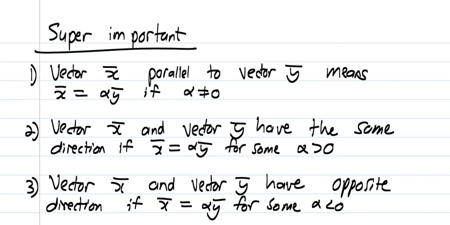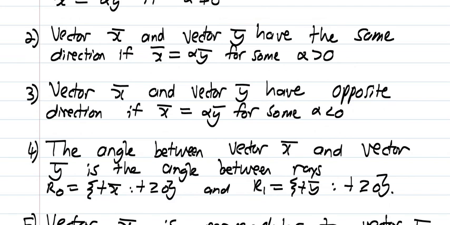So it means that one vector is a scalar multiple of the other vector, and that scalar is non-zero. The second sentence, vector x and vector y have the same direction, means vector x equals alpha times vector y, where that scalar is positive. Another meaning that you need to know: vector x and vector y have opposite direction if vector x equals alpha times y, where that scalar alpha is negative.